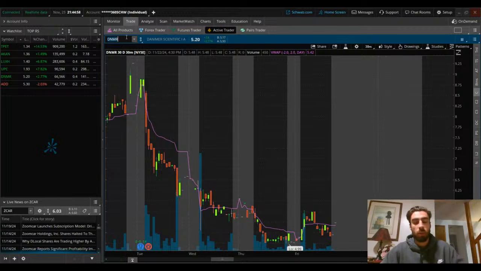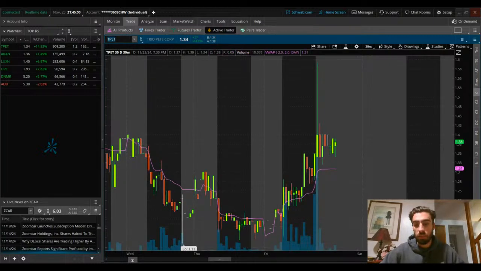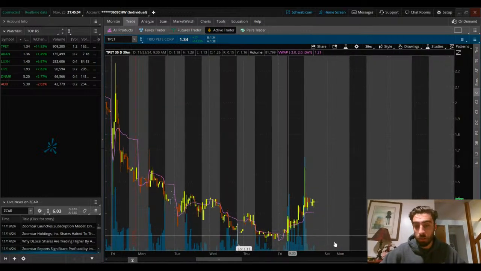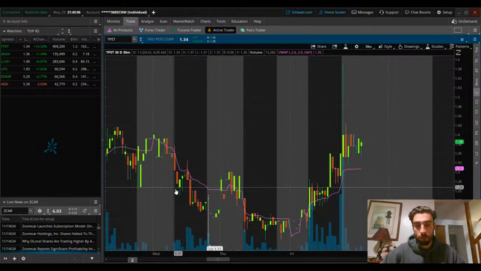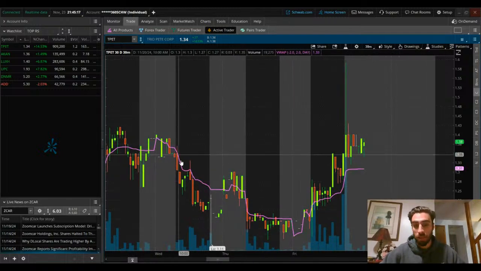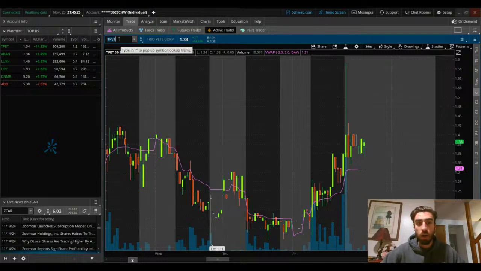Some other ones that I have on my list are TPET, excuse me. It looks like this play already happened, but look at this. You have this low wick candle that makes a low near 1, reclaims, goes up, comes back down, and makes this W shape. You have the first half of the W, the middle part, and then the last part of the W. Curious to see if this continues, but this play is over for me, unfortunately.